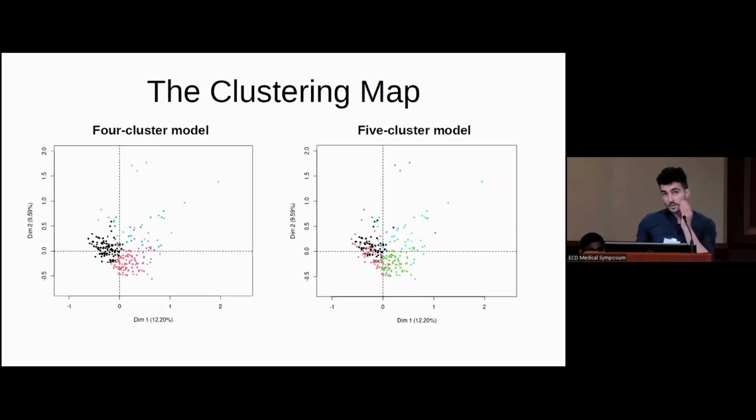So this is the first graphical display of the cluster analysis, and we were able to identify two models, one with 4 clusters and one with 5 clusters. And here you can see each patient is identified with a point, and each cluster is instead identified with a color.